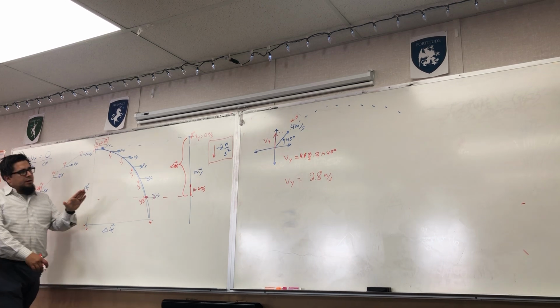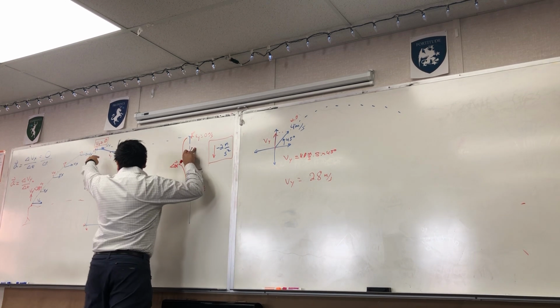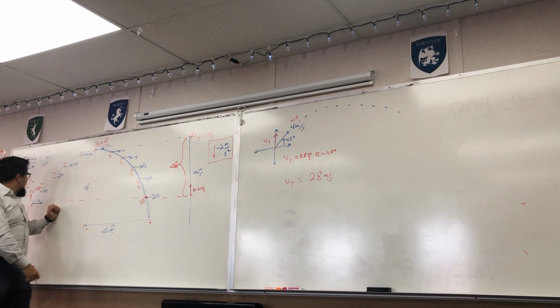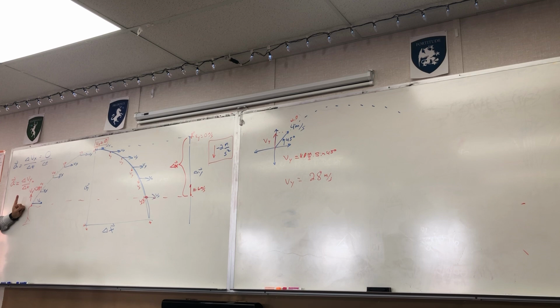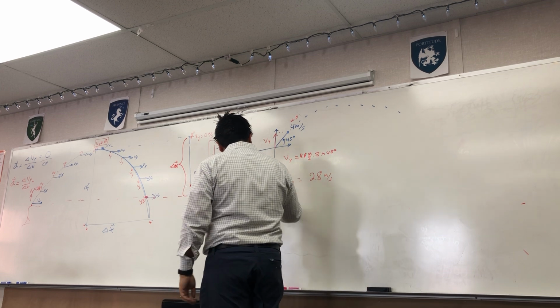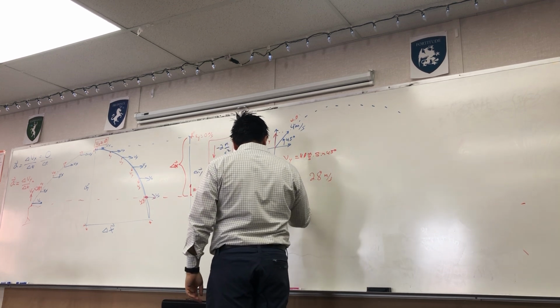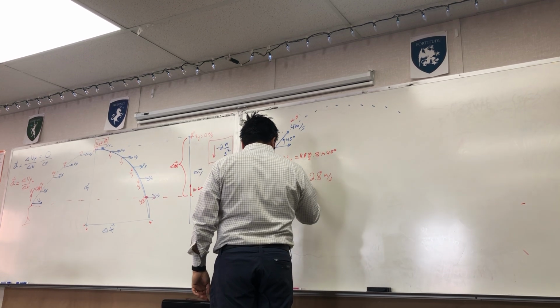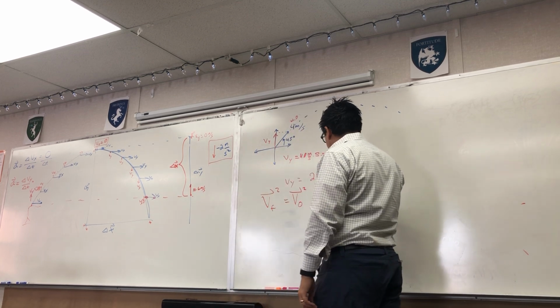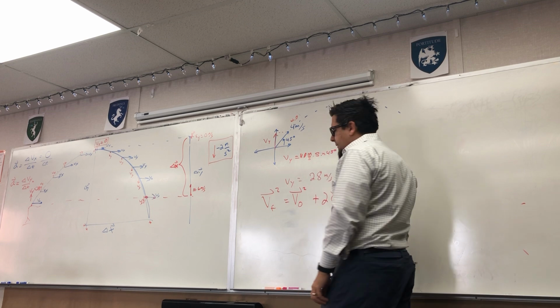So, here, my final velocity in the y direction is 0. My initial velocity in the y direction is 2.8. So I can use my equation, final velocity squared is equal to initial velocity squared plus 2 times acceleration times delta x.